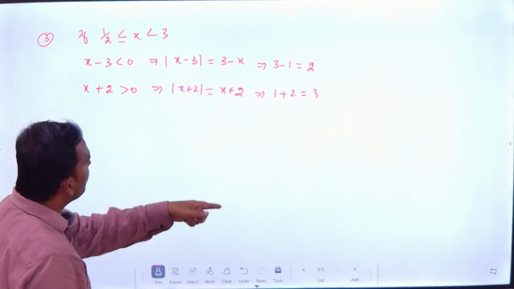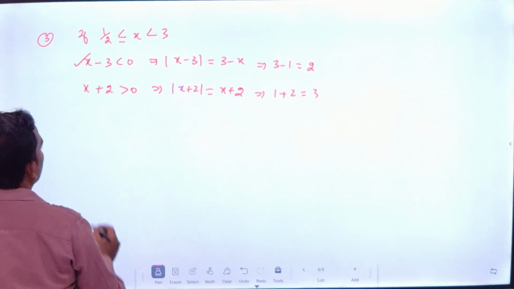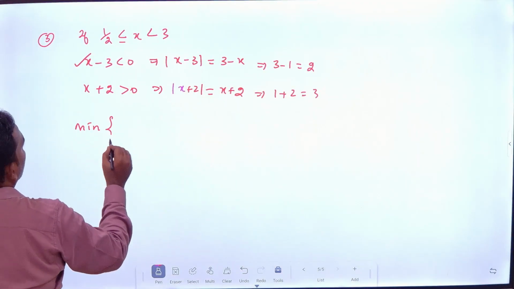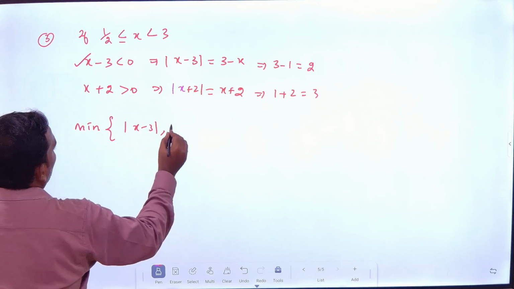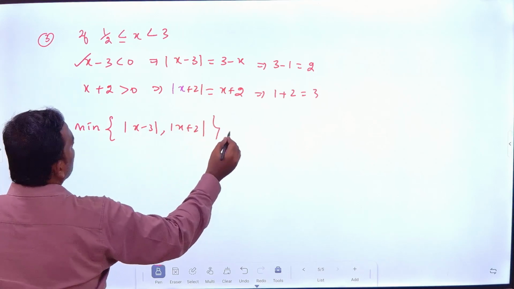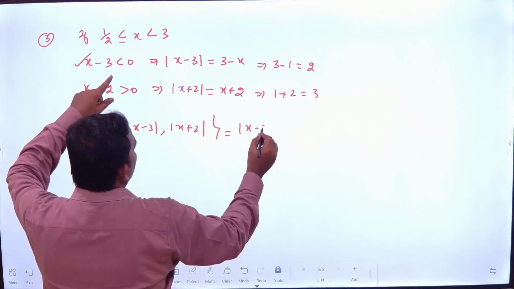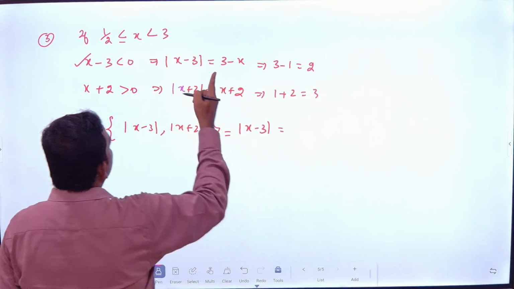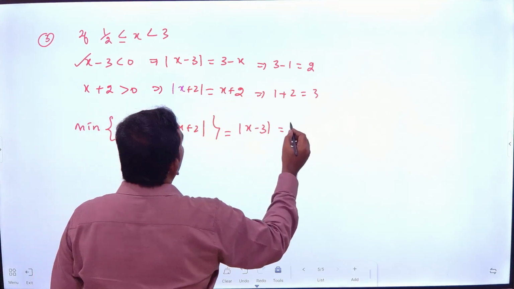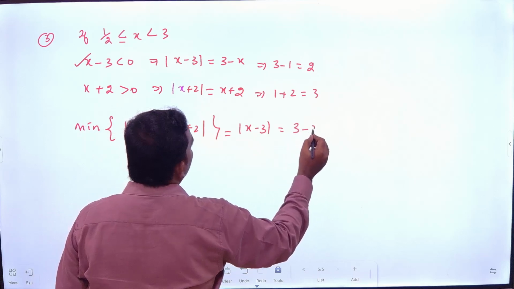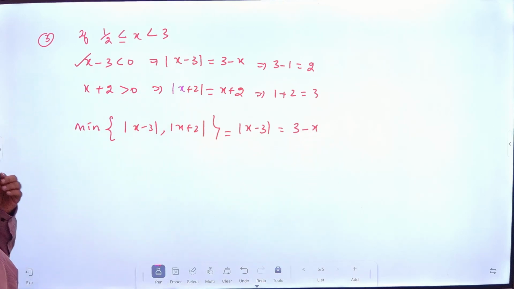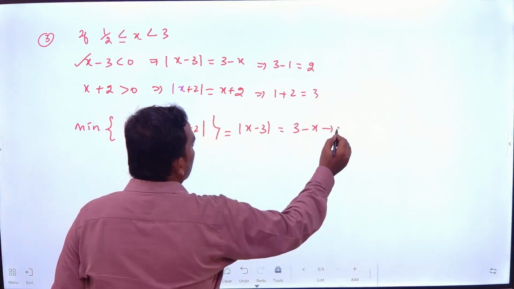So in this case, what is the minimum? Minimum of mod x minus 3, mod x plus 2. It is mod x minus 3, which is negative, therefore you can write 3 minus x. Okay, good. This is the third one done.